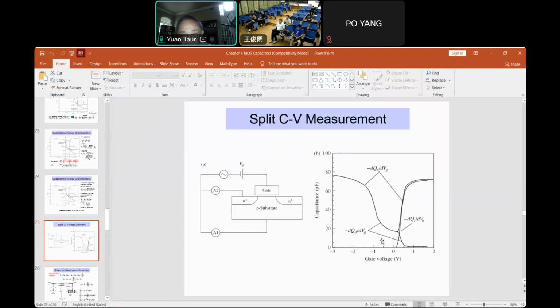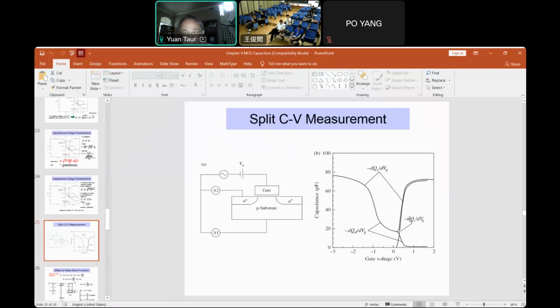That's because once the inversion charge responds through A2, then there's no need for any hole to respond through the substrate. So the capacitance goes to 0. You add them up, you still get the full low frequency CV. It's just that before that, the measured A1 is the same as the total, but after that, it's dominated by the capacitance measured through A2 from the source and drain.